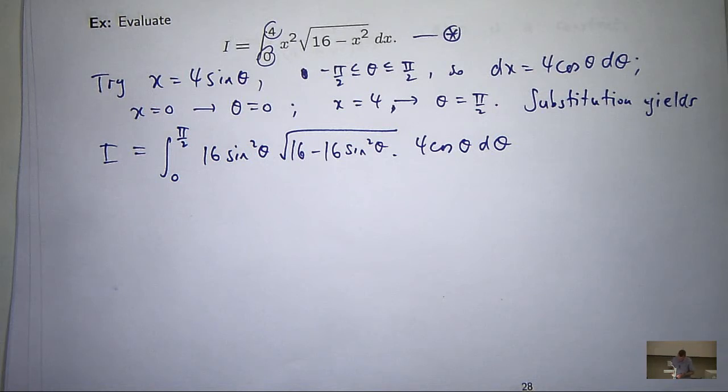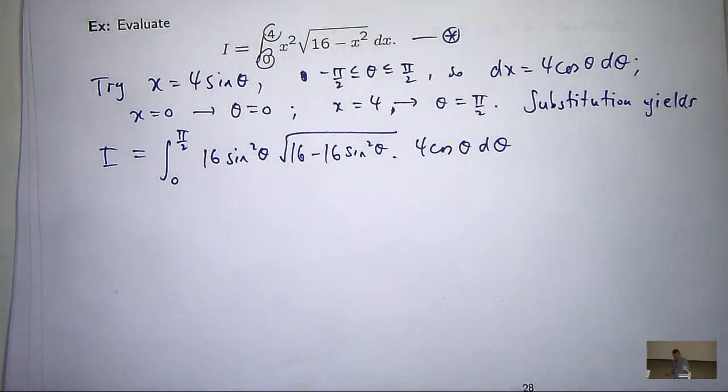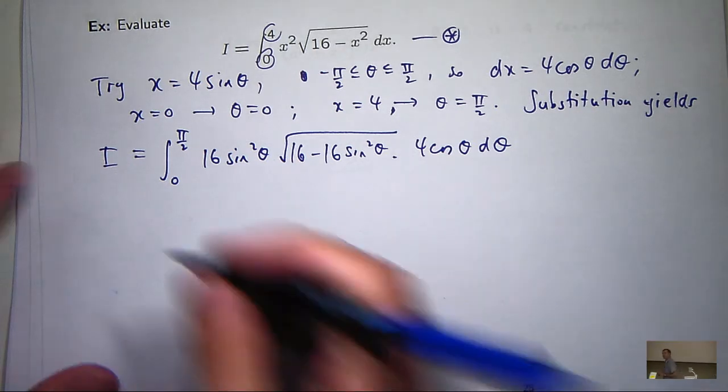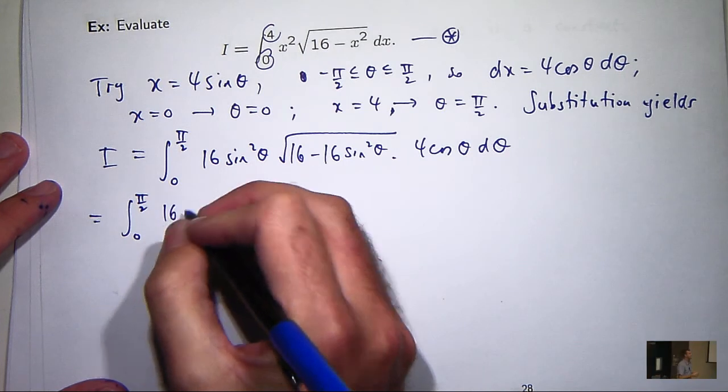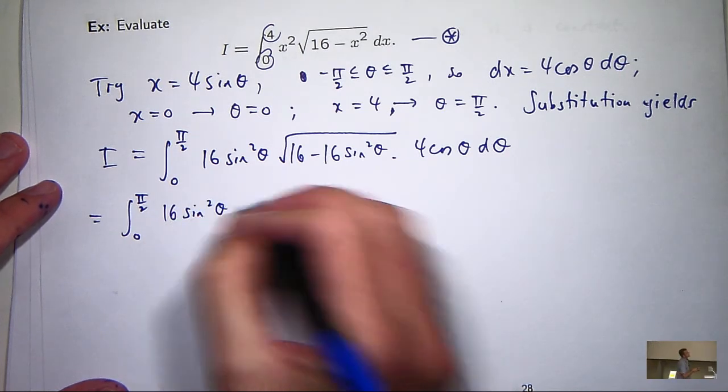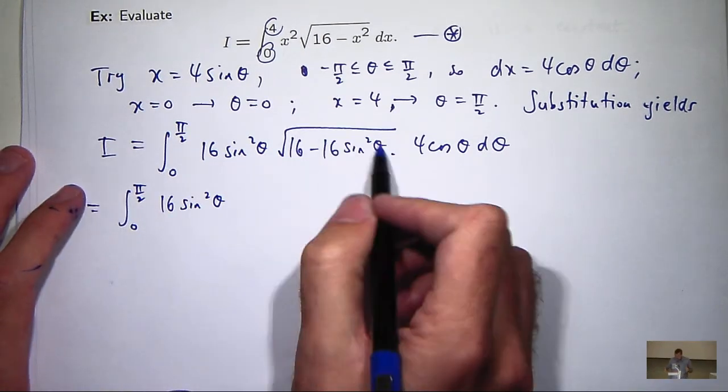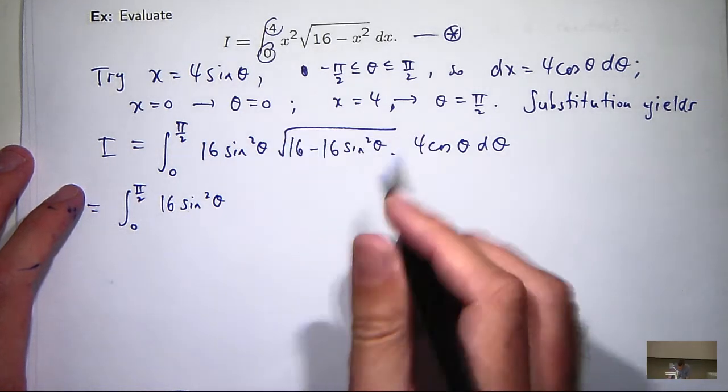So what can I replace 16 minus 16 sine squared theta with? Yeah, 16 cos squared theta, right? And then take the square root. So if I factor that out, let's just do it.